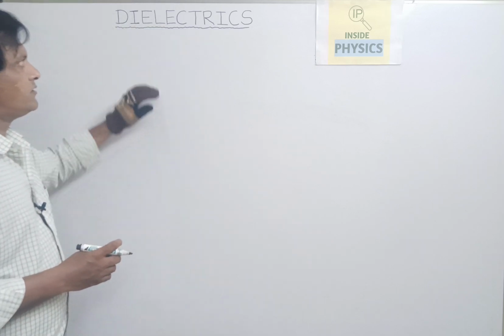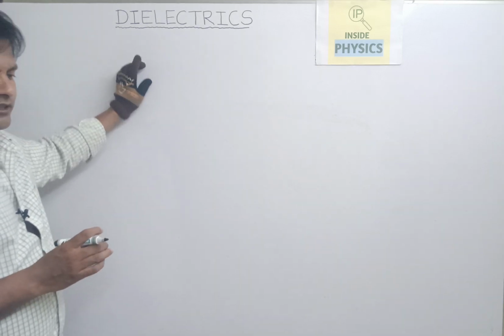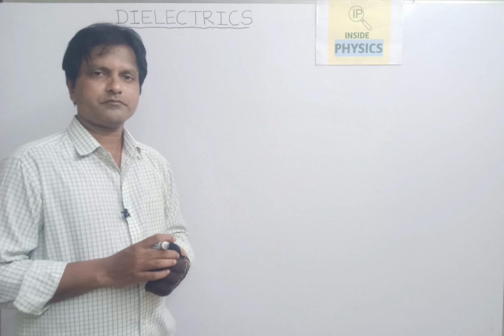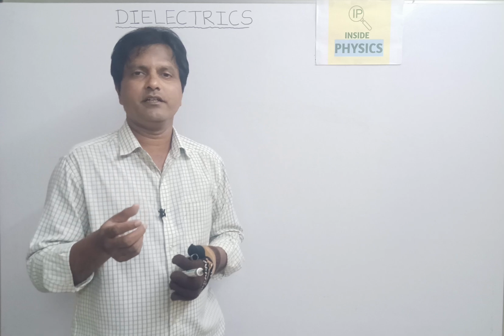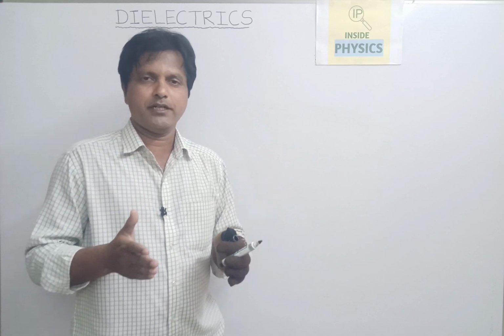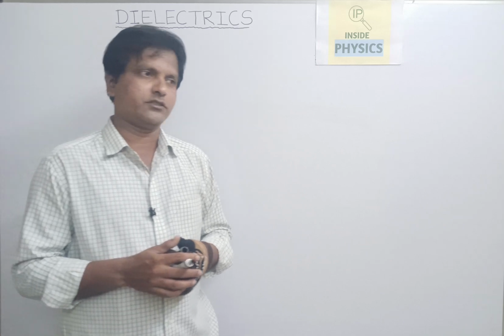Now what happens when a dielectric material is placed in an external electric field? The external electric field is nothing but the applied field, and the two parallel plates are considered to be the two plates of a capacitor.